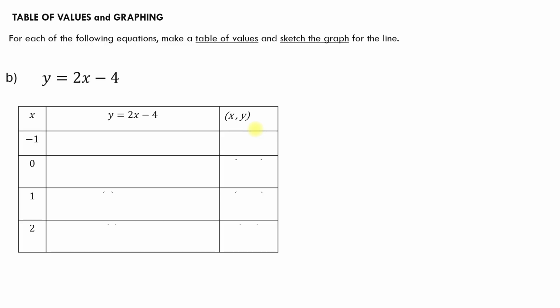Our next question gives us the equation y equals 2x minus 4. Once again, these are the x values that we're asked to use. We simply plug them into the equation one at a time to give us a value for y.